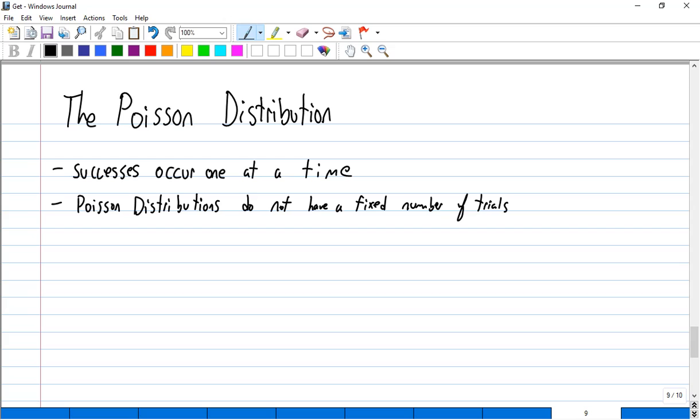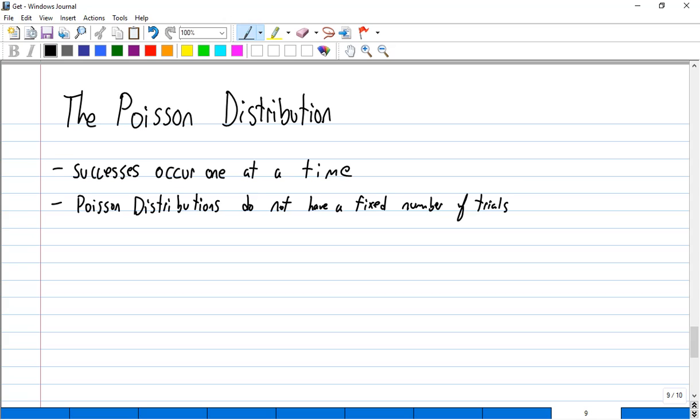So the Poisson distribution, it uses a fixed interval of time in which the successes are recorded. All right, and again, if I wanted to know the probability that within 1 hour I could flip a coin and get 250 heads, that might happen if I flip fast enough in an hour.